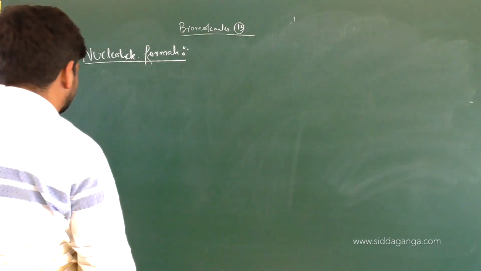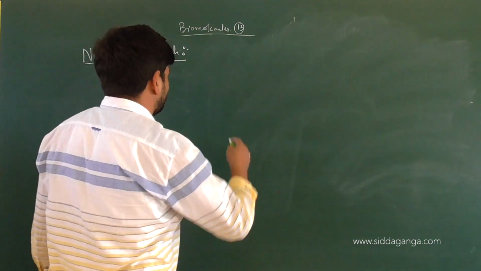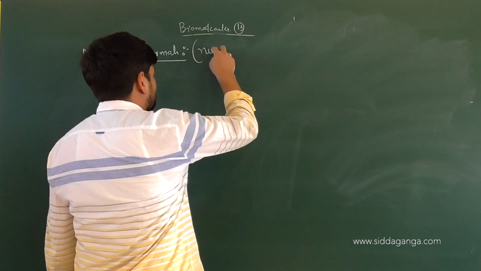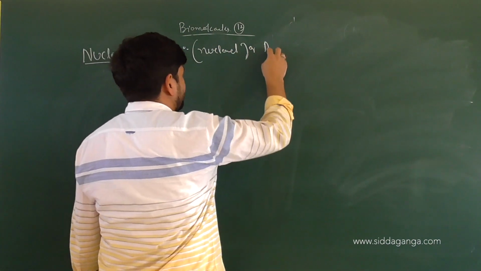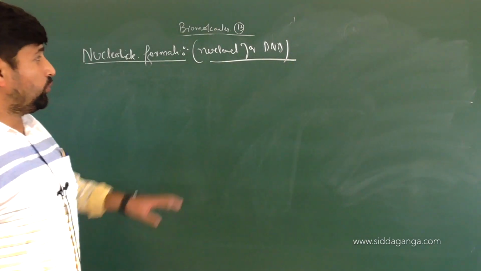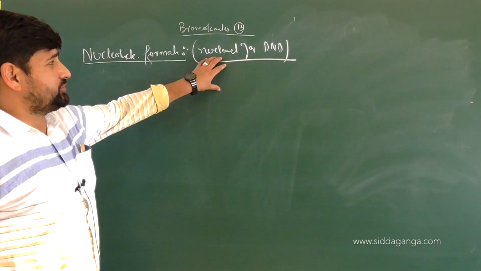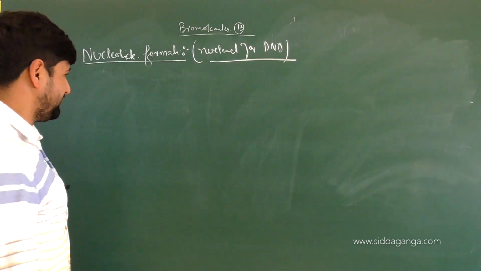We can draw that here. So let us first draw the nucleotide for DNA synthesis. When DNA is to be synthesized, the basic elemental nucleotide used is the deoxyribose containing nucleotide.